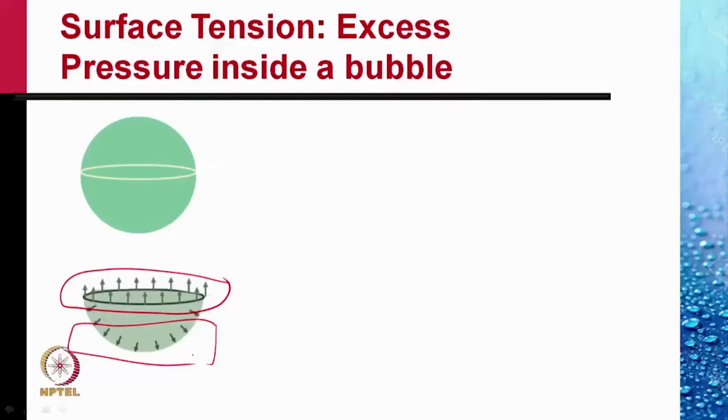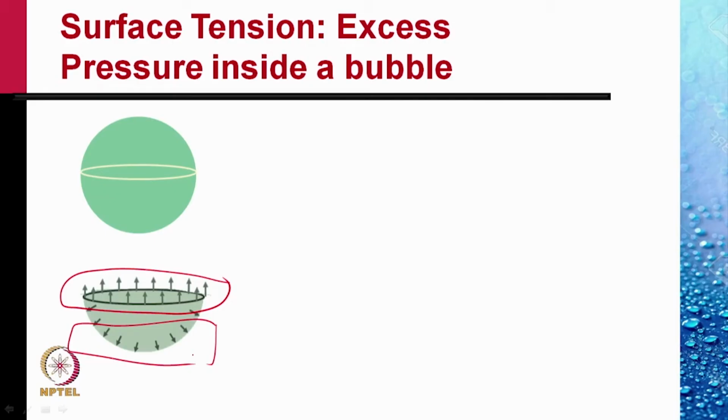And the surface tension force upwards is sigma times the length of the equatorial cut, which is 2 pi r, where r is the radius of the bubble. But that is only on one side.